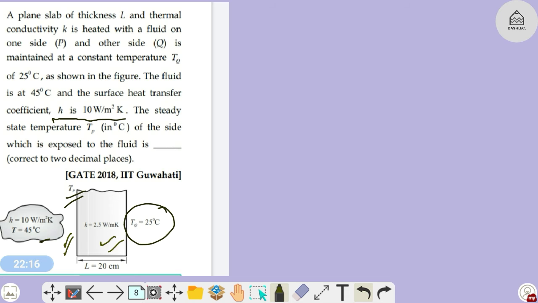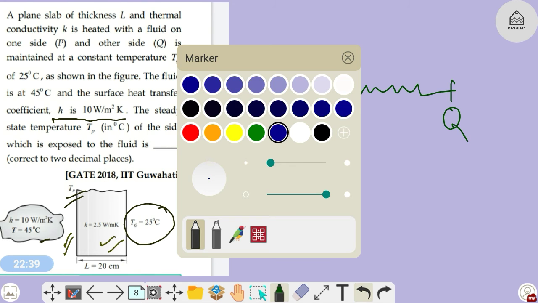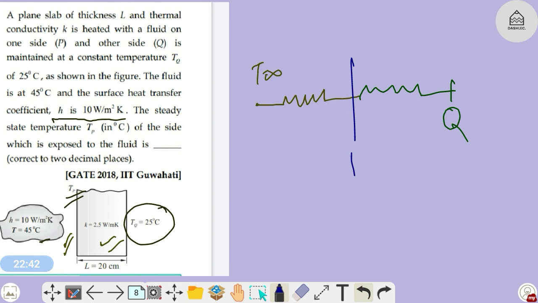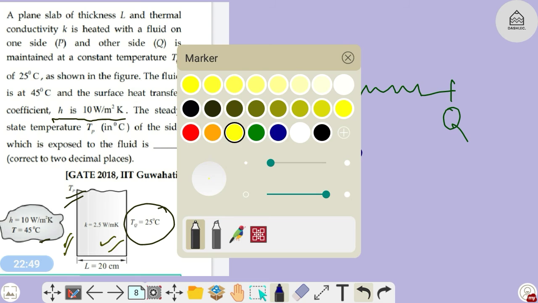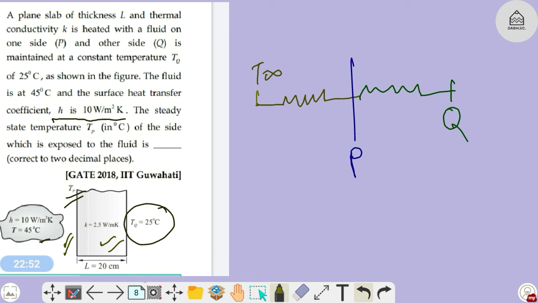We'll start from T infinity, first a convective resistance, then a conductive resistance, and finally we will end at Q. This is our Q, this is our P, and this is T infinity, which is already given as 45 degrees Celsius.